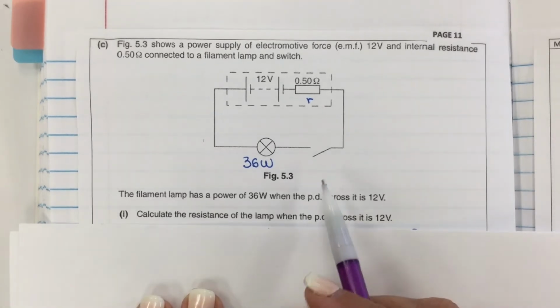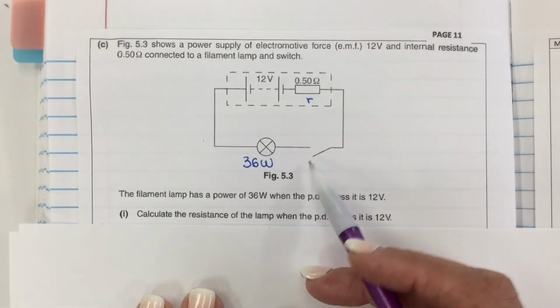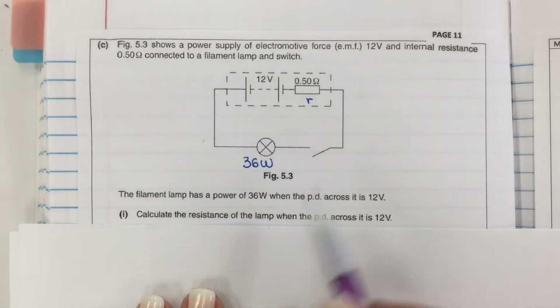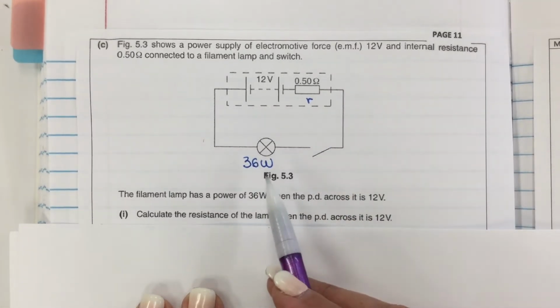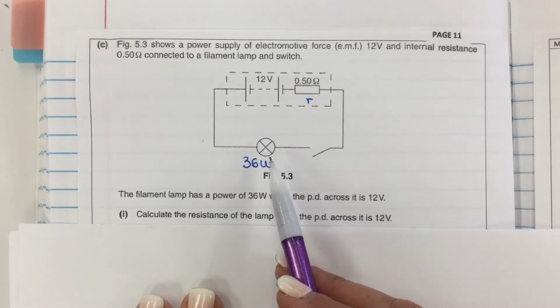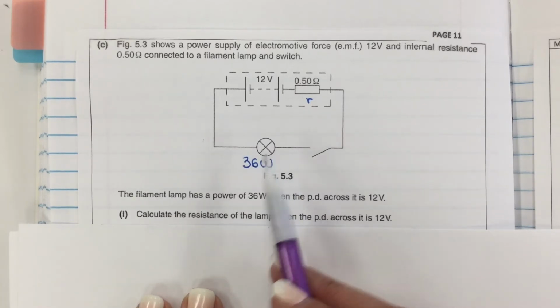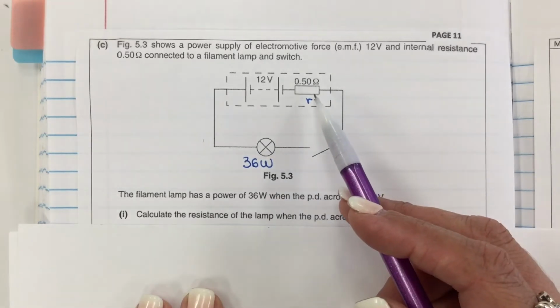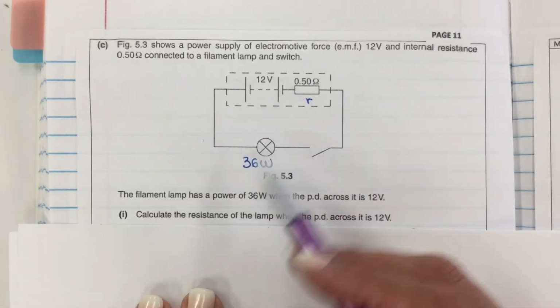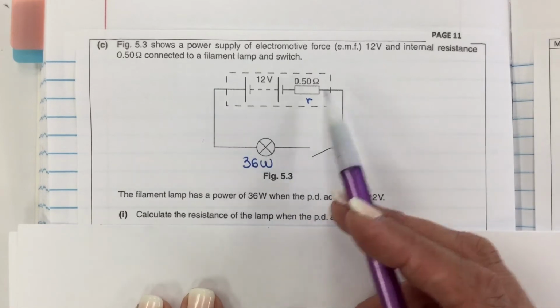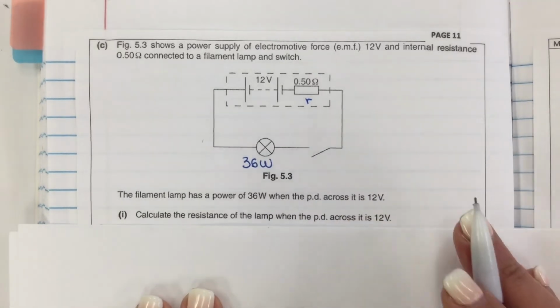Now you may think, how is this possible? The switch is open, there is no current flowing here. How come I have 12 volts of PD here? And what about this resistor? This voltage is not splitting between both. All your thoughts are correct.